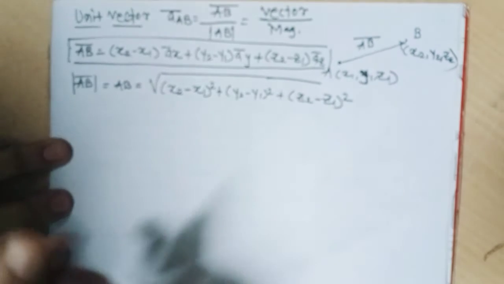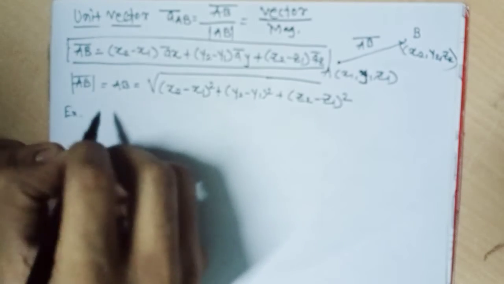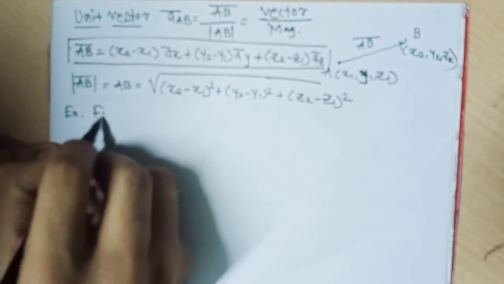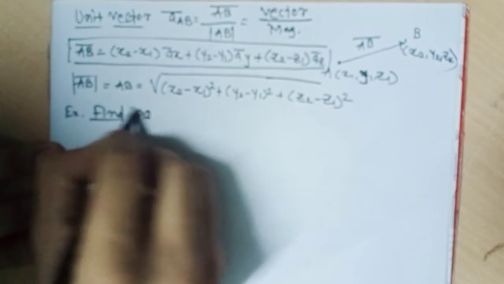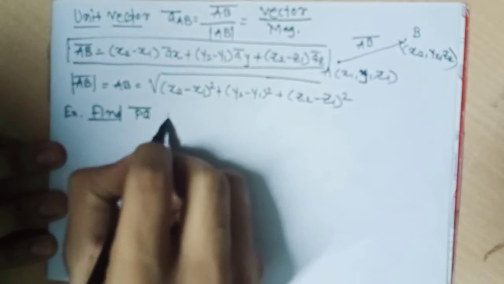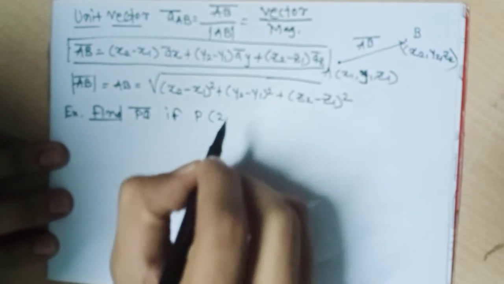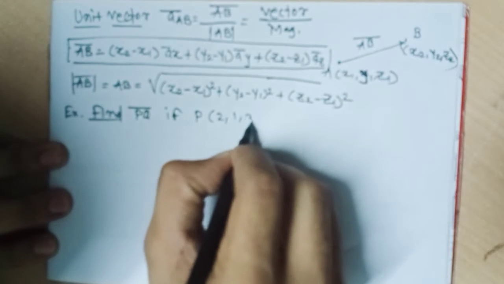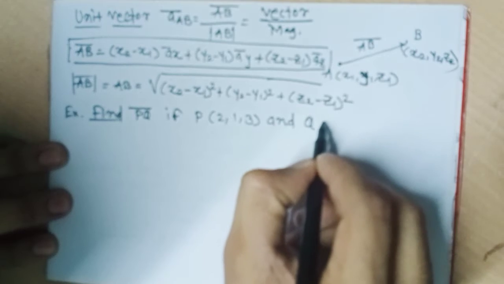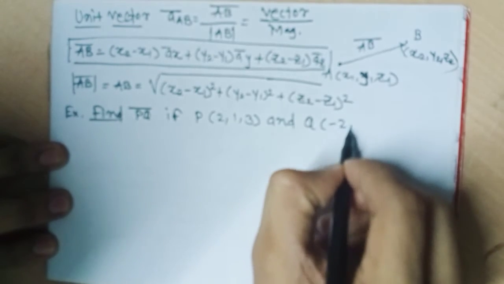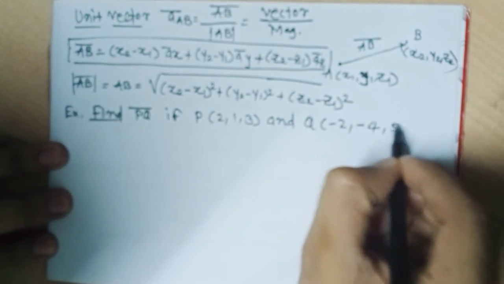So the example is to find vector PQ bar if P is 2, 1, 3 and the coordinates of Q are -2, -4 and 5.